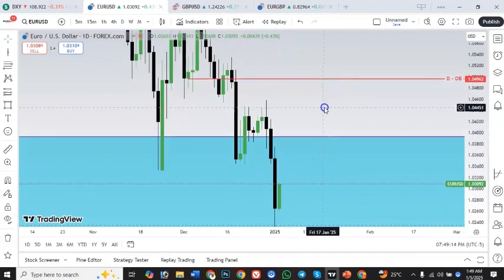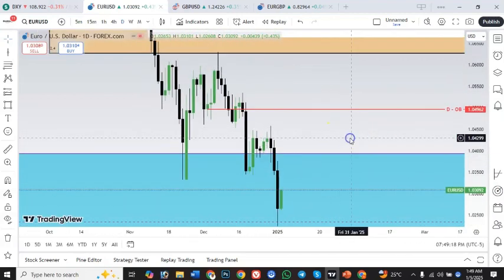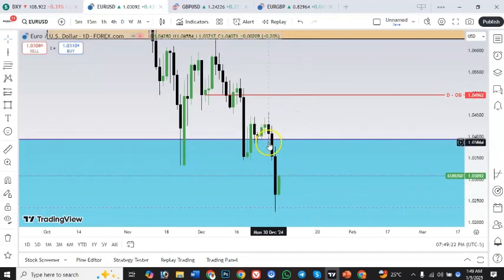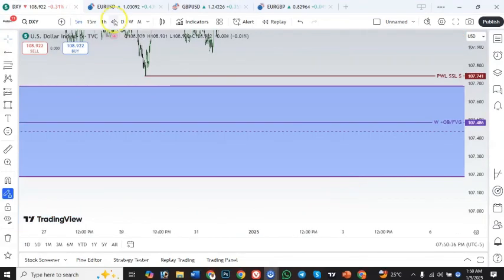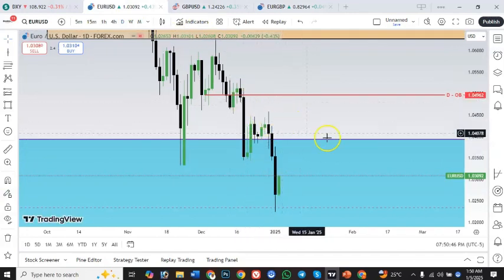So exactly what I did on DXY, exactly what I did on DXY. Anytime DXY trades to this place, that is when I will now come to EU or GU to look at where GU is trading or EU is trading, right? So let me show you something.